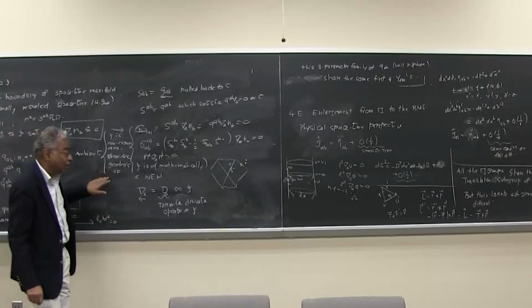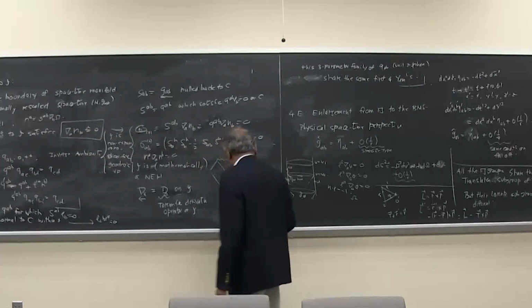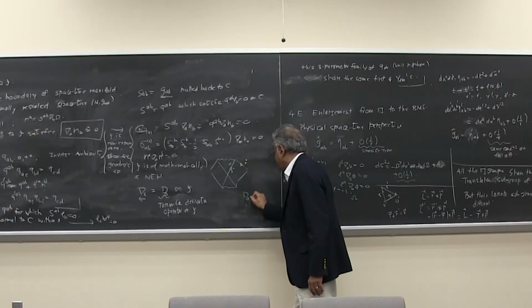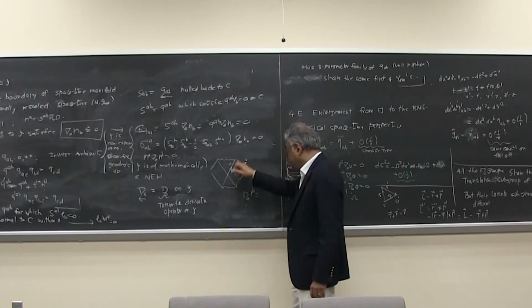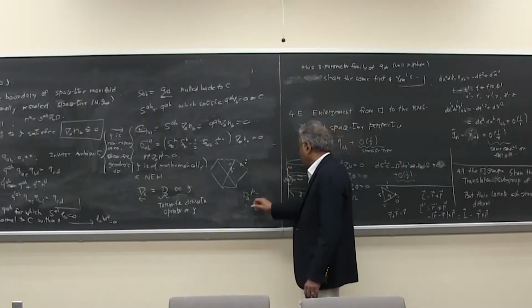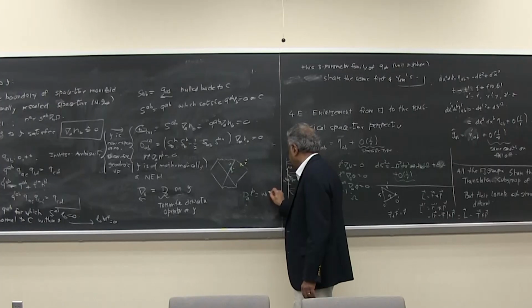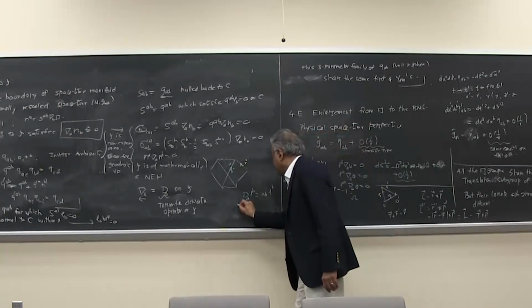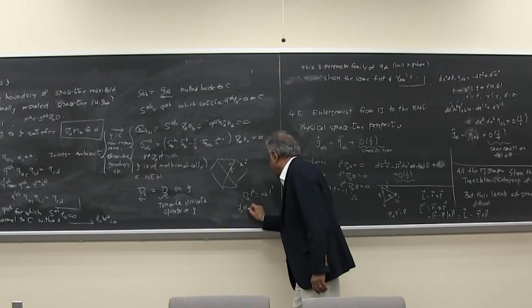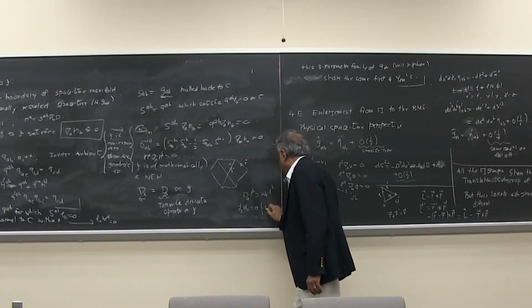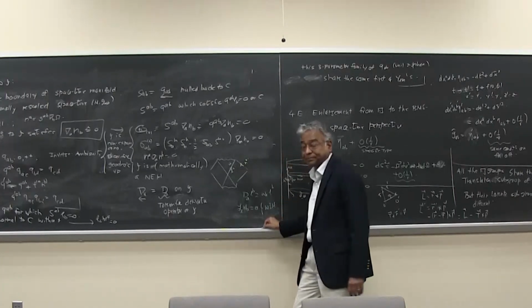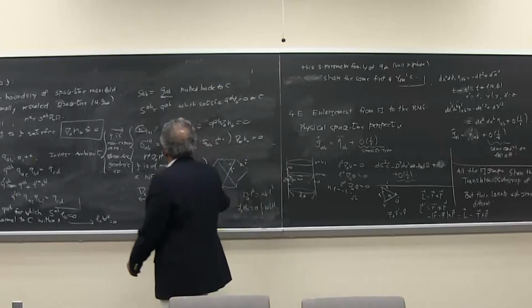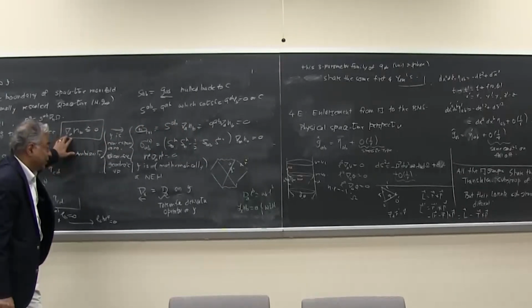You can quickly check that it's also a weakly isolated horizon, because the weakly isolated horizon was defined as follows. You take D_A l^B, and just because it was a non-expanding horizon, we saw that this was of the type omega_A l^B, and omega was called the rotation one-form. Then if L_l of omega_A is equal to 0, we call it a weakly isolated horizon. But for scri, we know that grad_A n_B itself is equal to 0.